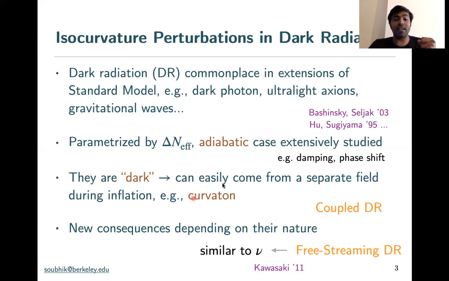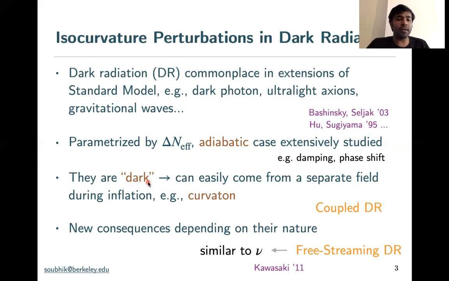What can happen is that this curvaton, through its fluctuation, can acquire isocurvature fluctuations during inflation, and later on, through curvaton decay, the isocurvature fluctuations can get imprinted into dark radiation. That's the simple picture we can have for these kinds of setups.